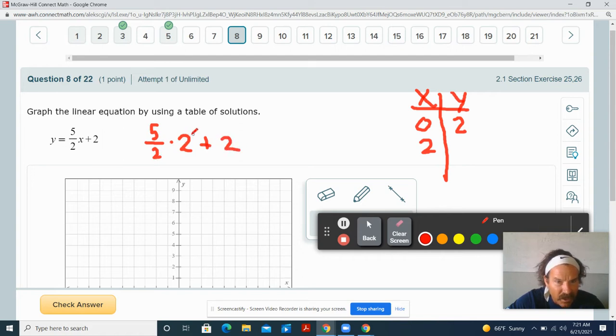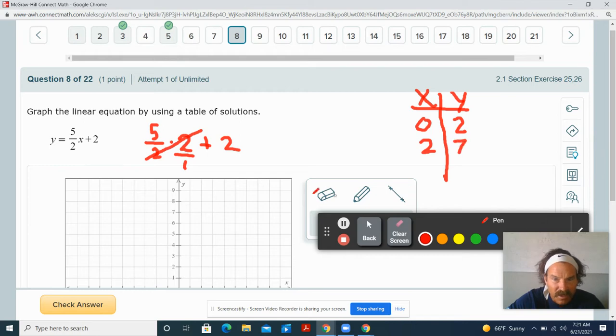These 2's cancel. If you don't want to cancel them, then it would be 2 over 1, and then you go 5 times 2 is 10, and 10 divided by 2 is 5. But the 5 is right here, so these 2's cancel. So these just have 5 plus 2, and 5 plus 2 is 7.